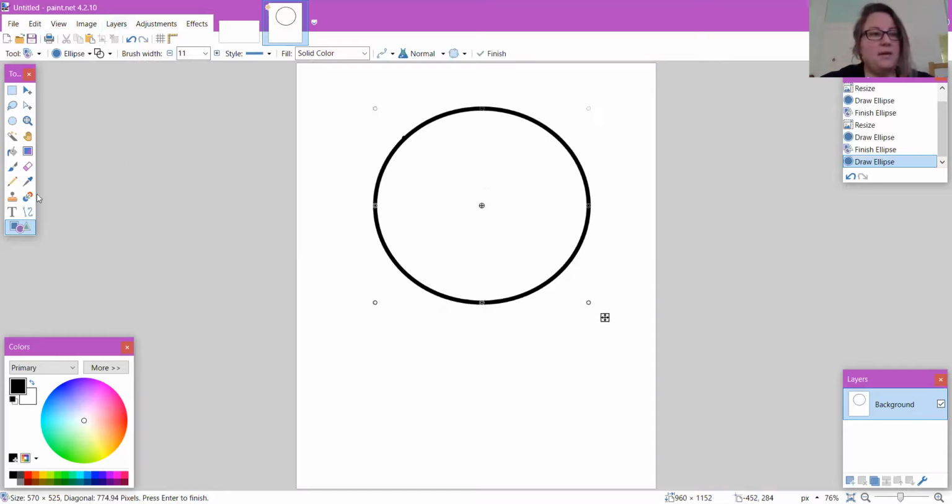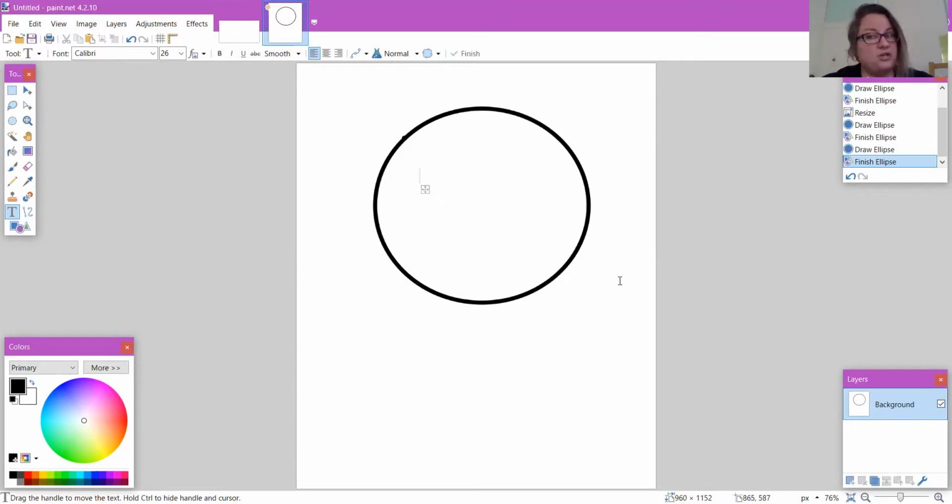And in the middle of this circle, I want you to write who your character is, maybe what their name is. Every character should have a name, even if the character just is called Bob, or in fact, I like Bob. Let's do, my character is going to be called Bob the dog. Okay, so there is my character name.